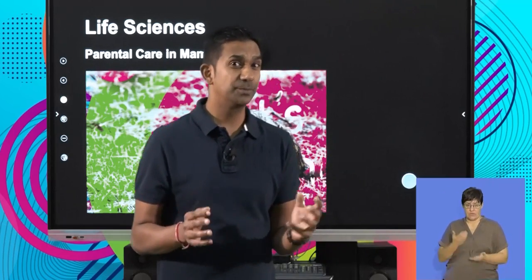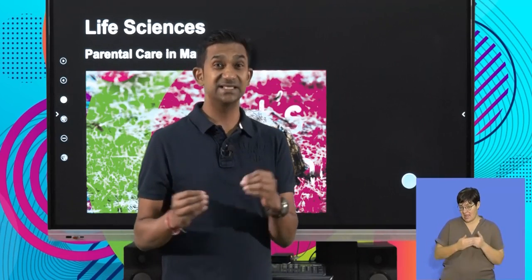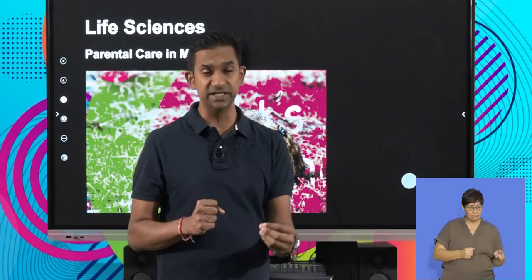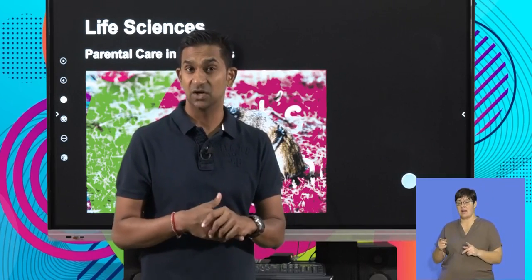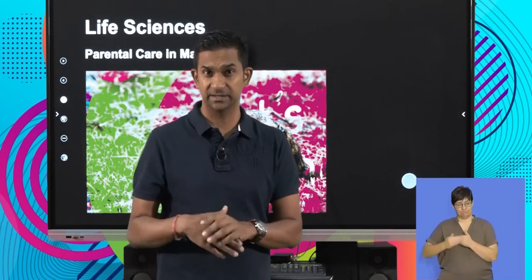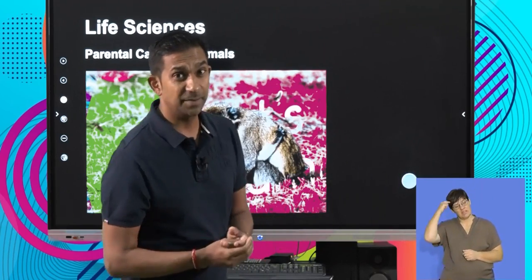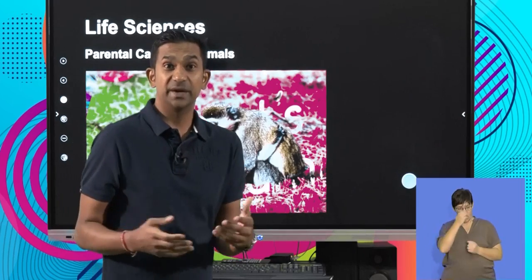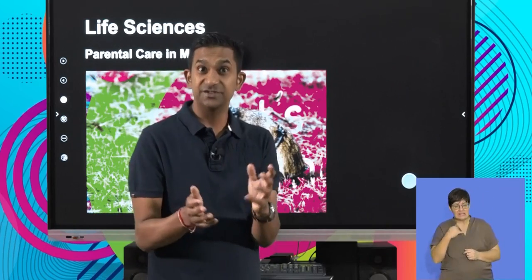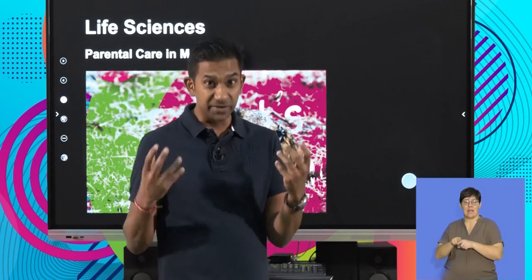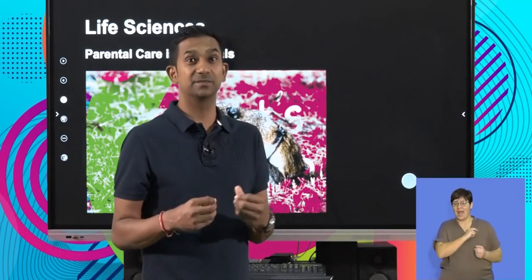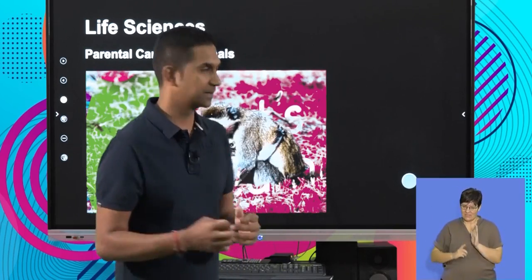So if we were to compare parental care, it is a significant strategy amongst all species with different degrees depending on the complexity of their organization, with mammals showing the highest degree of parental care. And as we think about it, we often know that our parents care for us unconditionally. No matter how old we are, they often treat us as babies, and that's part of our instinctive makeup as humans. So parental care is an integral part of us developing and growing.